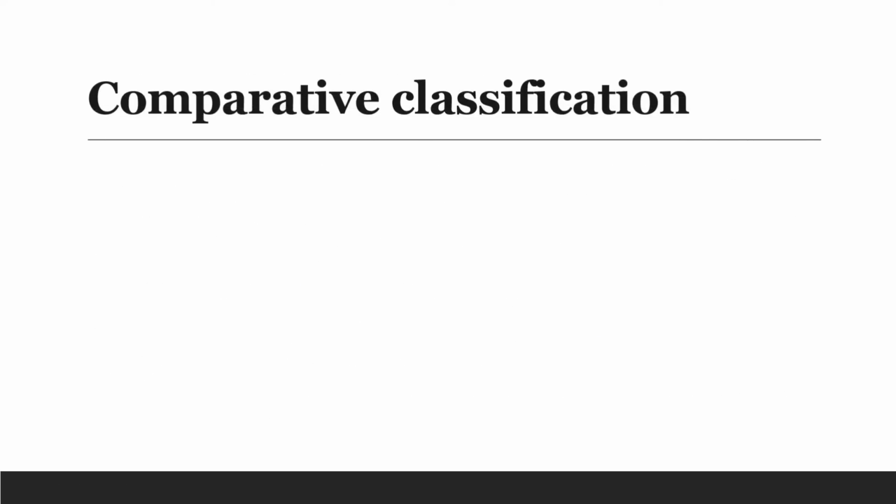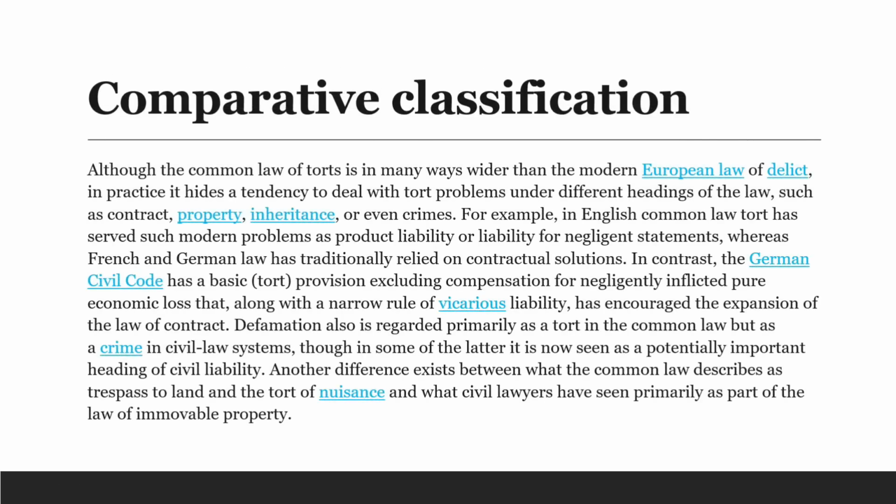Comparative classification. Although the common law of torts is in many ways wider than the modern European law of delicts, in practice it hides a tendency to deal with tort problems under different headings of the law, such as contract, property, inheritance, or even crimes.